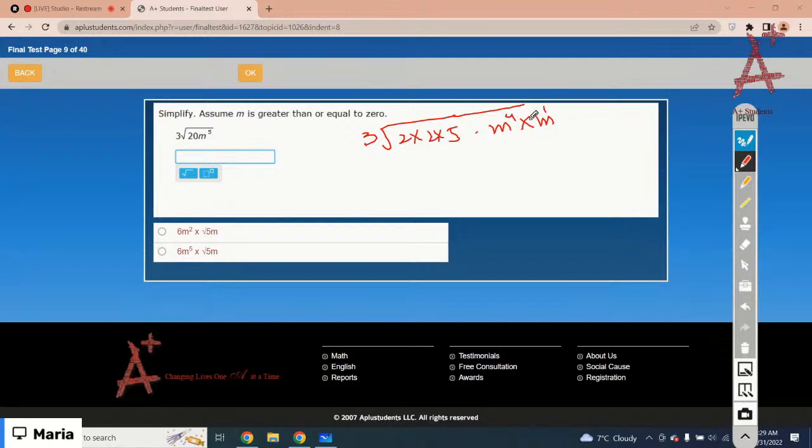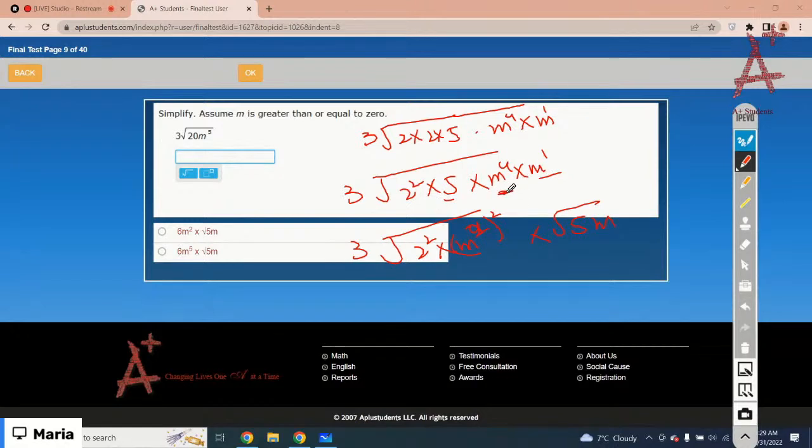Got it? When you add their powers, it would be 5. So you can write it as 3 times 2 squared times 5 times m to the 4 times m. Then you can write m to the 4 as m squared squared, and you are left with 5m. Got it? This 5 and this m. We've written m to the 4 equals m squared squared.